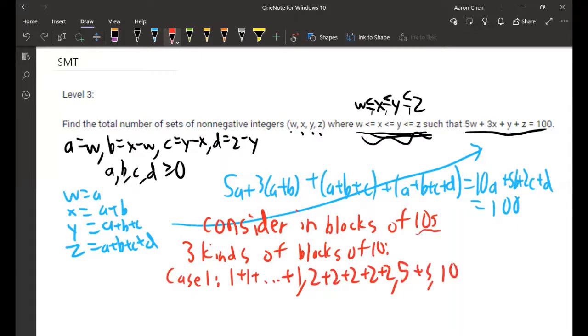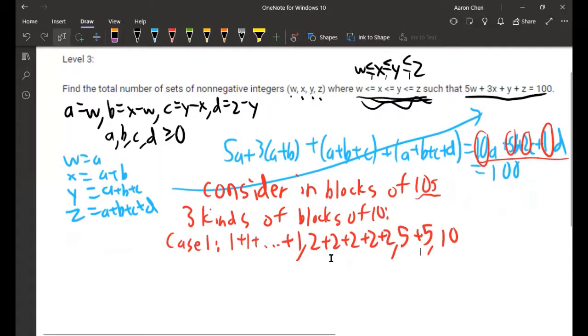The reason 10 is important here is because 10, 5, 2, and 1, the coefficient of d is 1, so all the coefficients of these terms are divisors of 10. So these are the 4 different kinds of blocks that will appear in the first case.